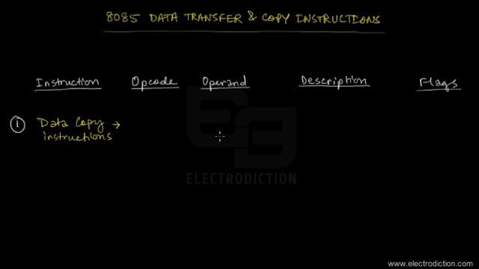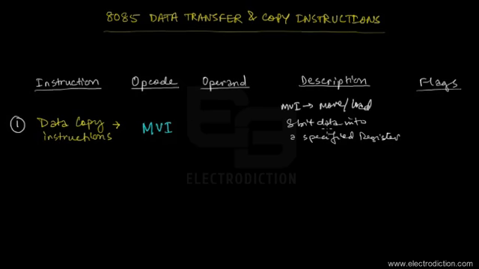Now there are two instructions under the data copy instruction types. The first is known as MVI. This instruction stands for move or load 8-bit data into a specified register.